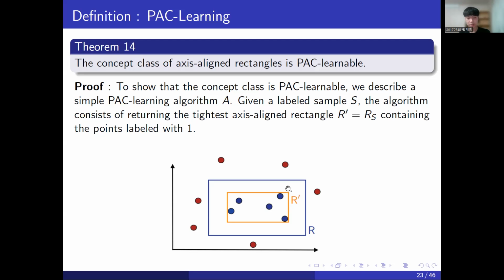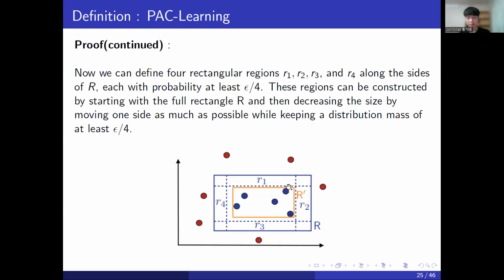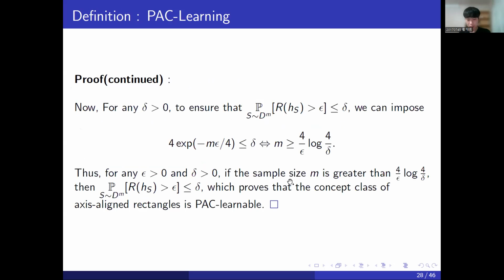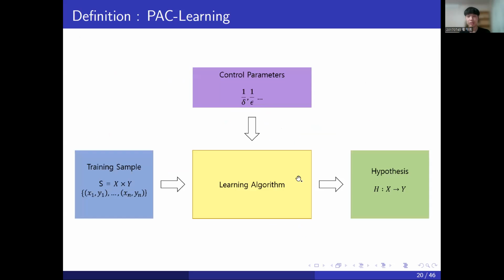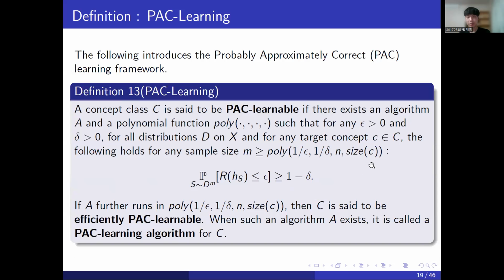And then why is it a PAC learning algorithm? It is because for any positive epsilon and delta, we can construct a function which grows slower than a polynomial function, which satisfies this condition from the definition of PAC learnability. Do you remember the definition of PAC learnability?